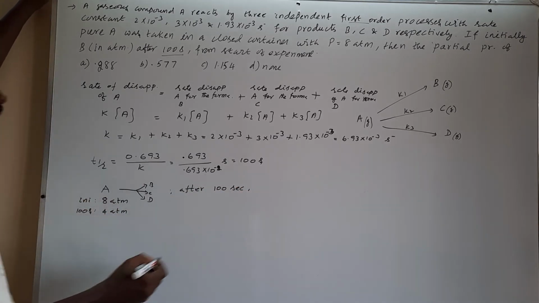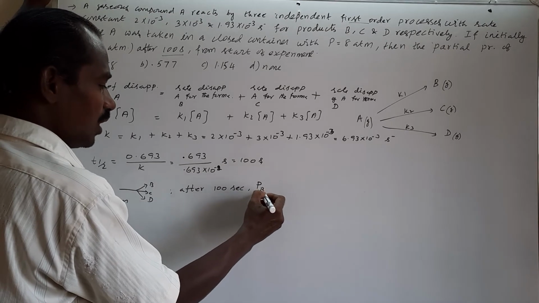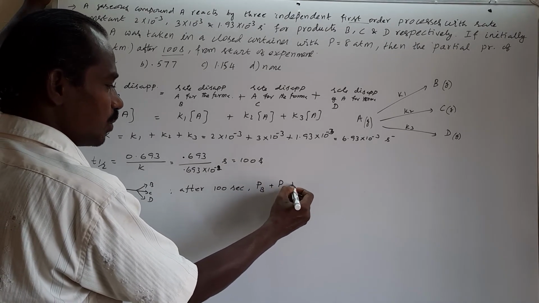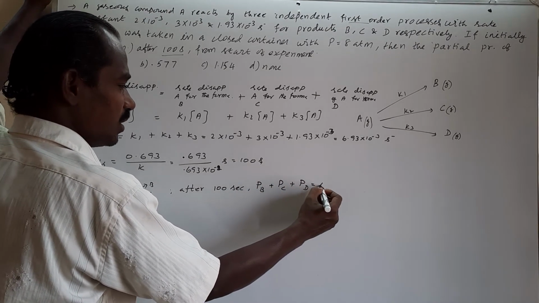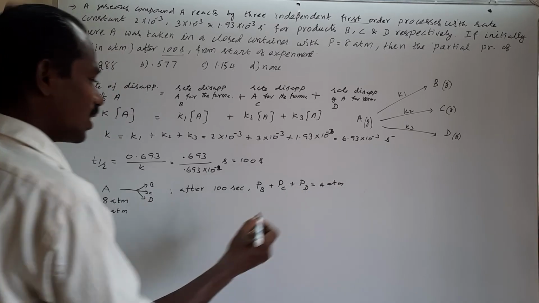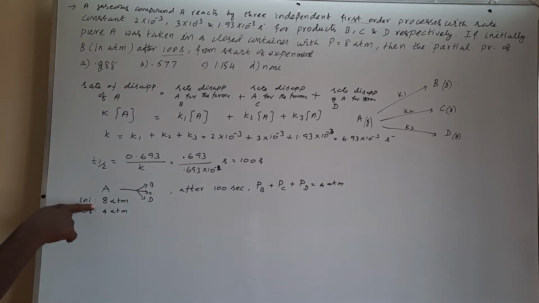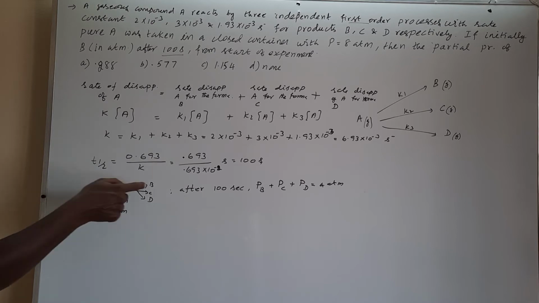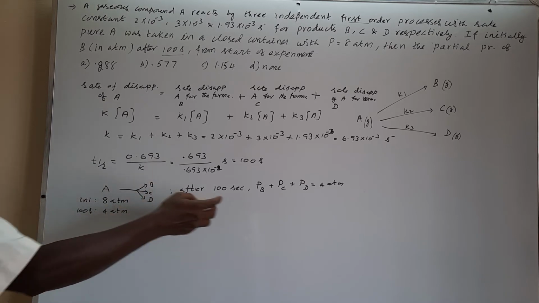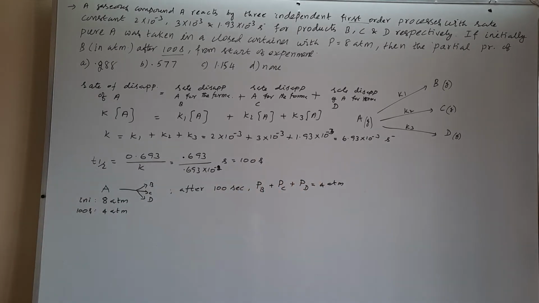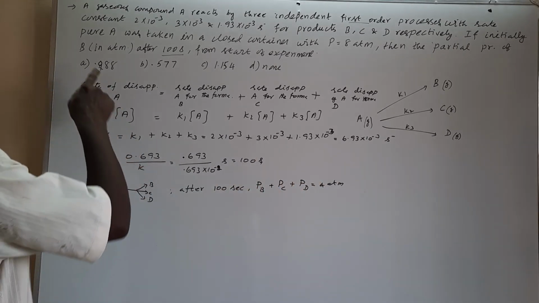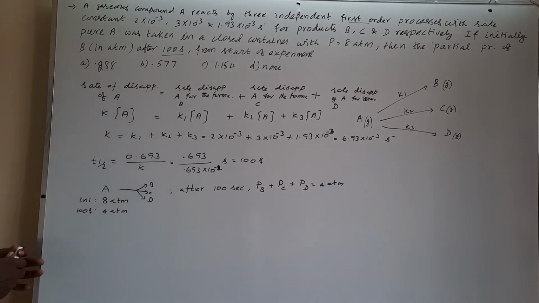So the sum of the pressures of B, C and D produced is equal to 4 atmosphere, because 8 becomes 4, and 4 atmosphere was converted into B, C and D. Now we have to find the pressure of B.